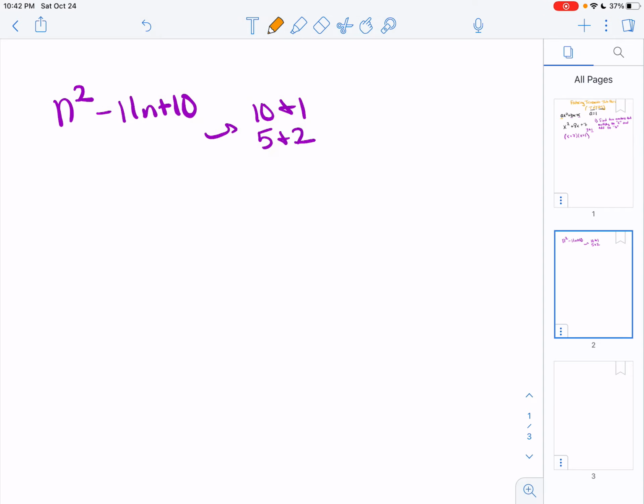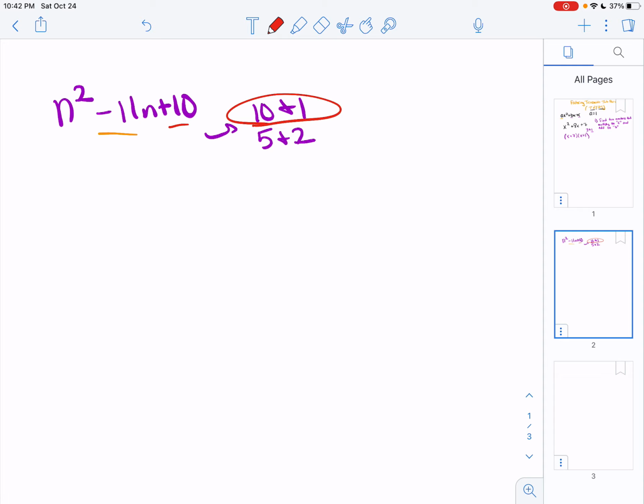And we have to multiply to a positive 10. So, the only way for us to multiply to positive 10 is if both of these numbers, 10 and 1, are positive, or if both of them are negative.